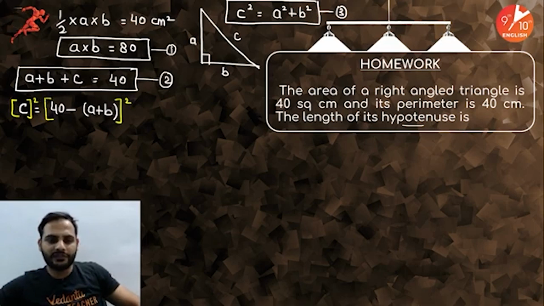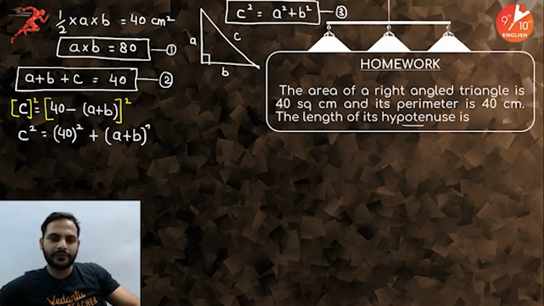So when you do that, you'll get C square is equal to 40 square plus A plus B whole square minus 2 into 40 into A plus B.